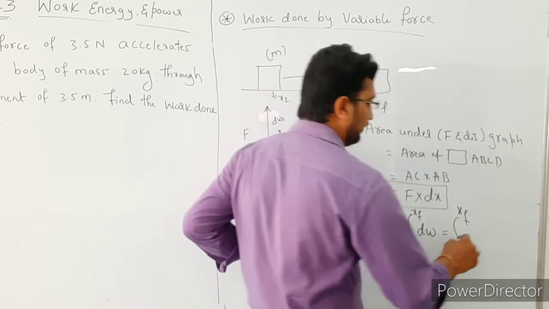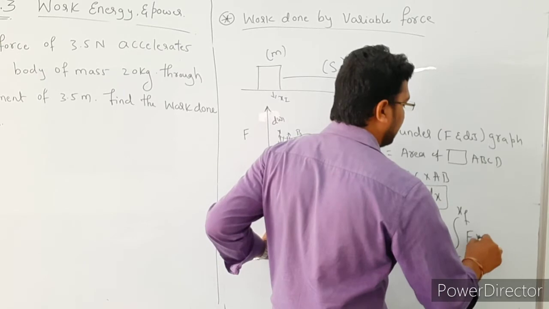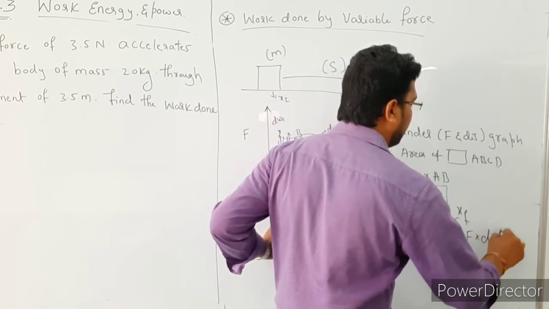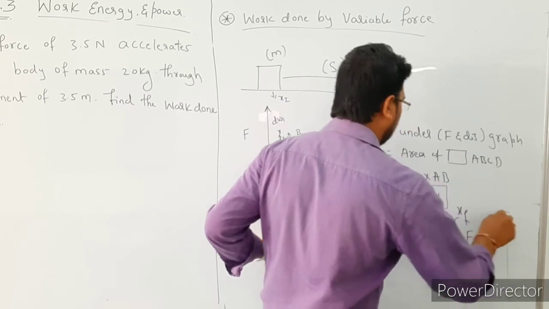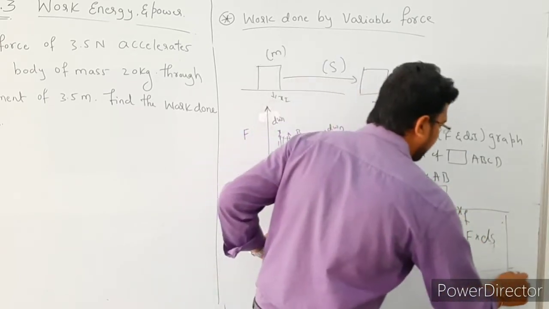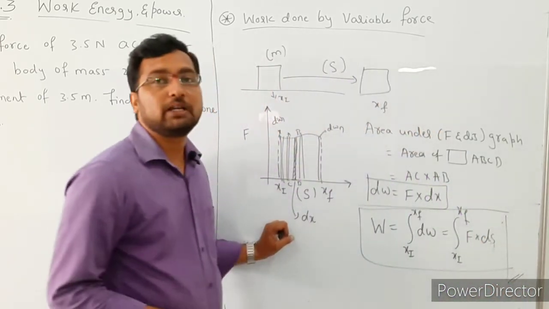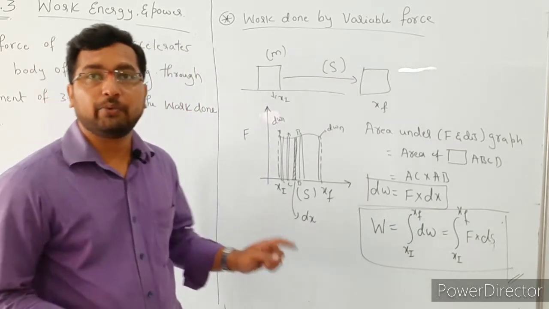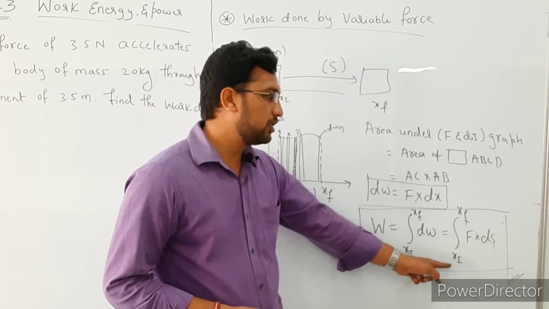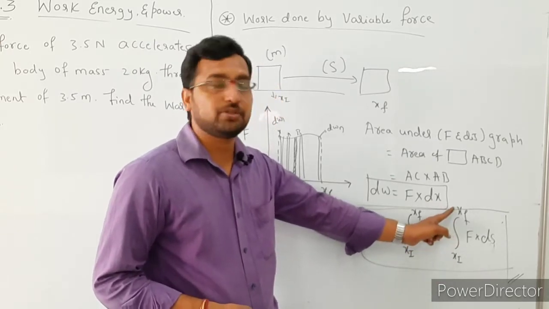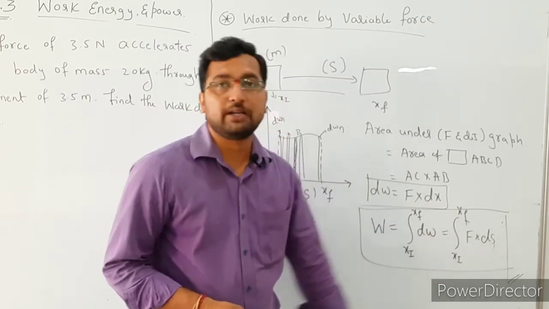Here dW is force into displacement, that is F into dx. So this formula is used to find the total work done by a variable force: W is equal to the integral from the initial position to the final position of force into small displacement.